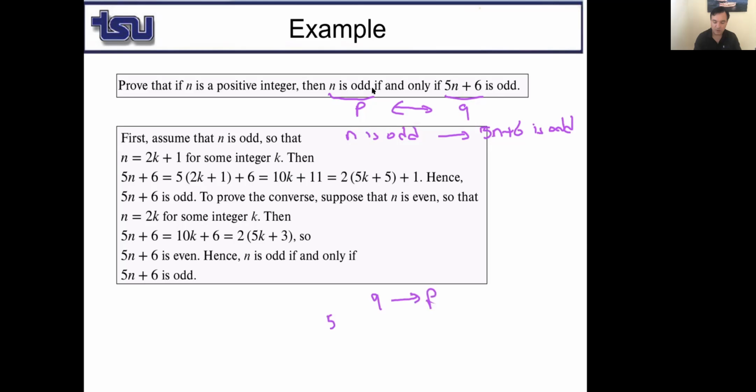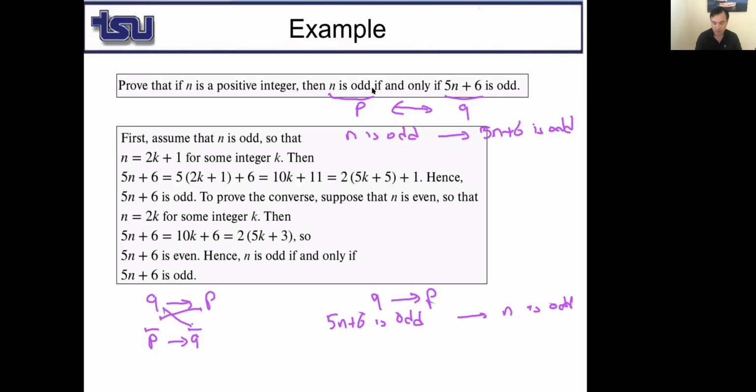And then you start with Q implies P. That means you assume that 5n plus 6 is odd, and then you're going to show that n is odd. How can you show that? Well, you can use contraposition, right? What was contraposition? In order to prove Q implies P, you can show not P implies not Q. They are equivalent.